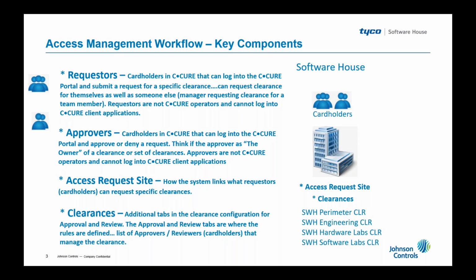And then there are people within Secure that are looked at as approvers. These are options that are enabled in the record. An approver, we would look at as maybe the owner of a clearance. So maybe the manager of an area within a company, whether that's labs or a department, would have the ability to manage who has clearance to their area. And in the system, they would be considered an approver.